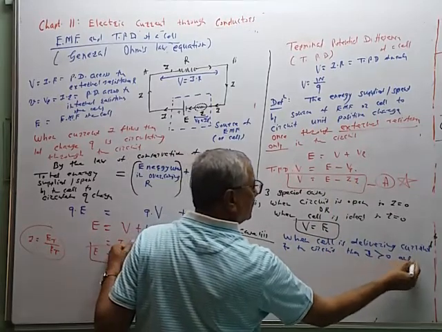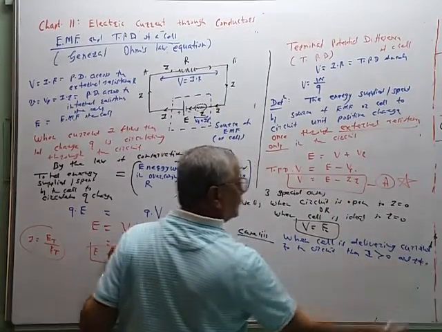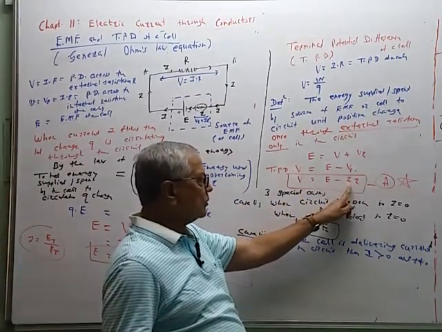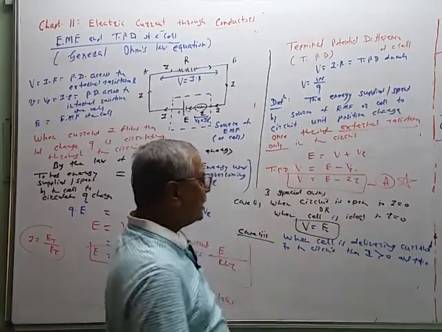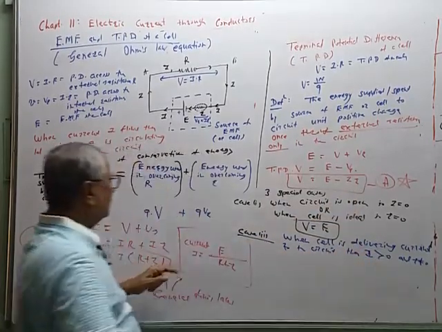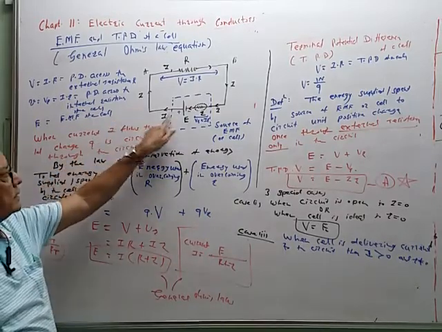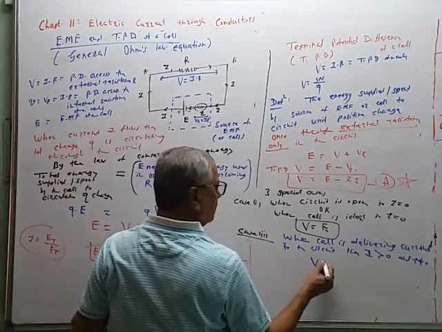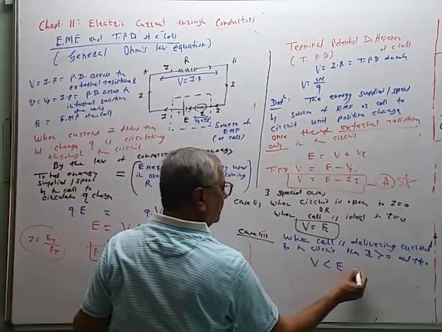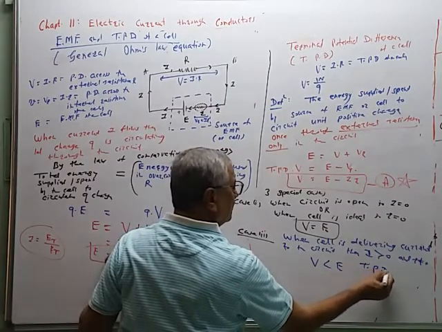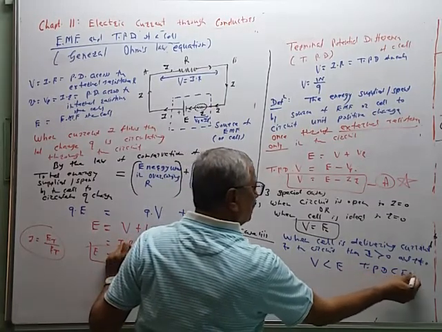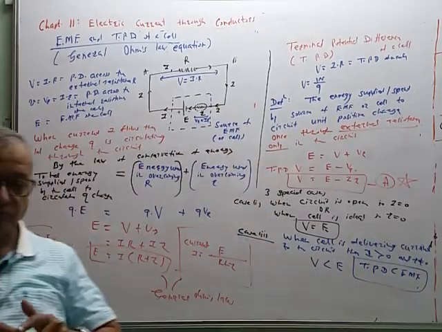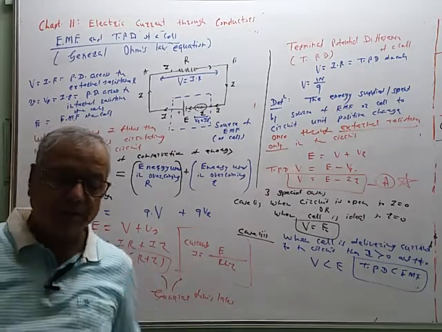And also there is a condition, now the cell is not ideal. So R is not 0, there is current flowing, I is not 0, and the cell is delivering current to the circuit. So in this case, V is less than E. So TPD of the cell is less than EMF when the cell is supplying the current, when the cell is delivering the current.